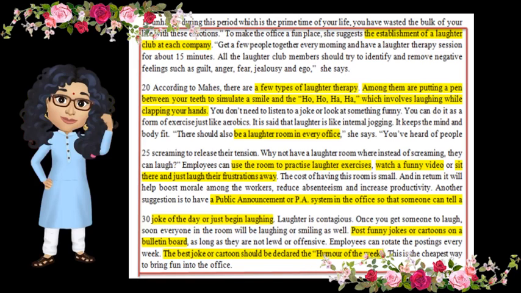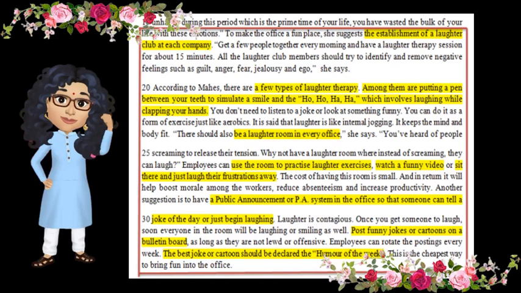You can continuously see other content, a few types of laughter therapy, also another rephrase. You didn't take the whole sentence. And then the third one, you can see among them are putting a pen between your teeth to stimulate a smile, and the ho ho ha ha, which involves laughing while clapping your hands. Here actually you have to rephrase because it's a whole sentence, but I see some unnecessary details here.